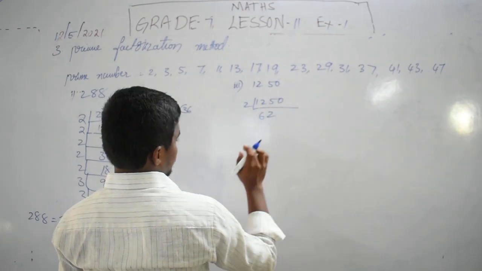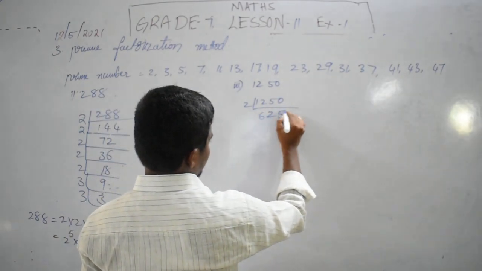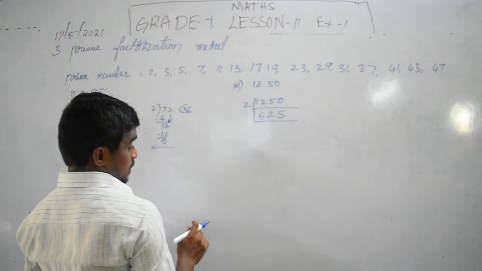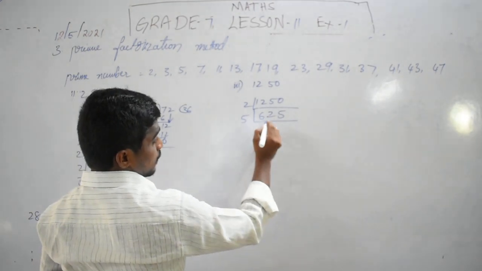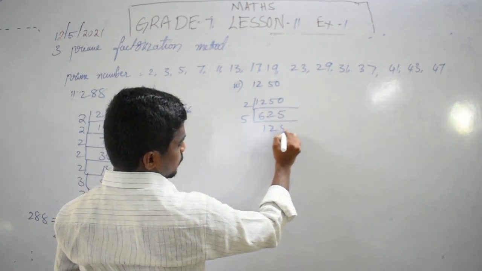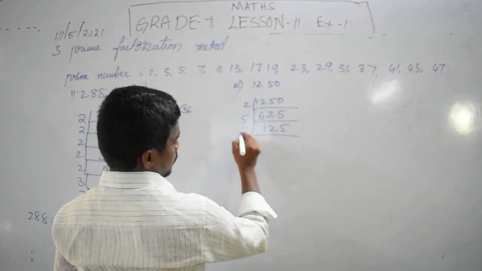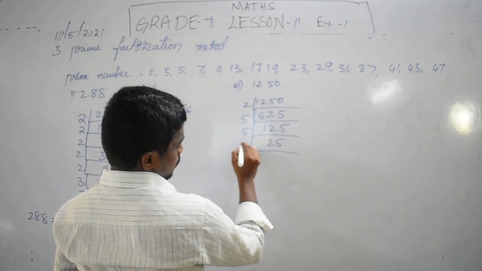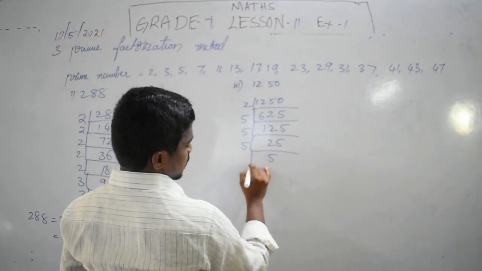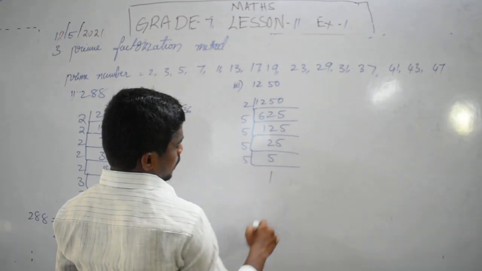Remaining 1 5 0, 10. 2 fives are 10. Next, 3 you check, 5 you check. 5, 125. 5 twenty-fives. 5 fives. 5 ones.